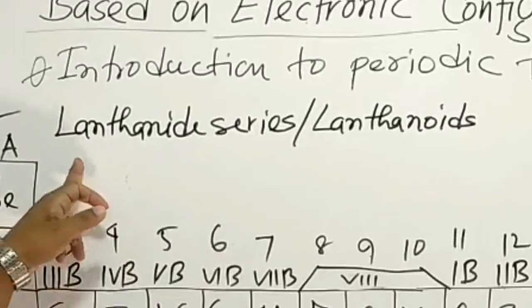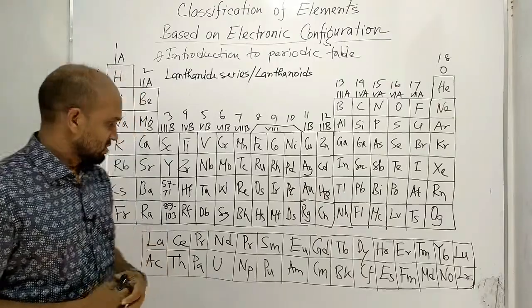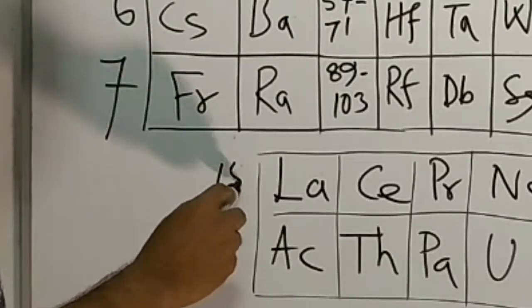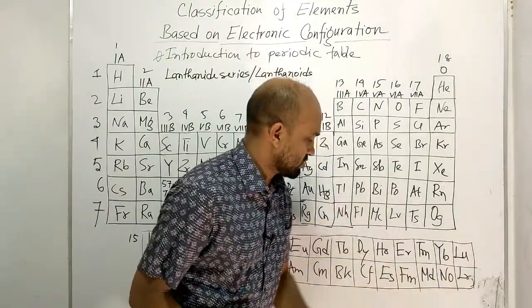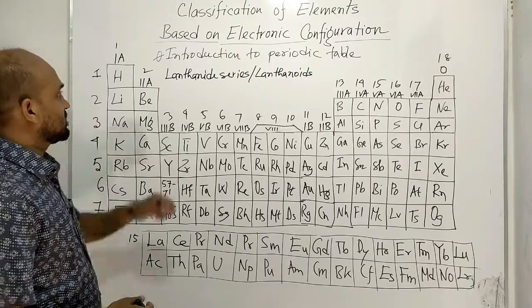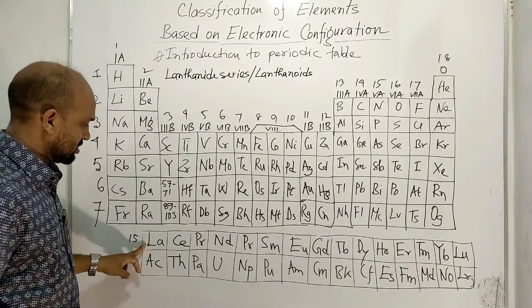Now, lanthanide series or lanthanoids. The series of 15 elements, total 15 elements here present, lanthanum to lutetium. These 15 elements are called lanthanide series. The head element is lanthanum.